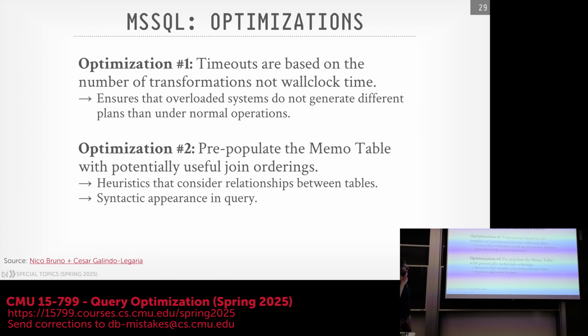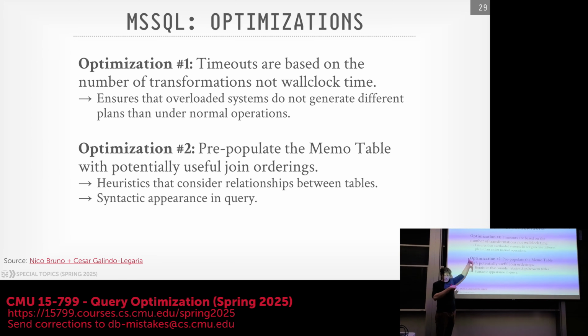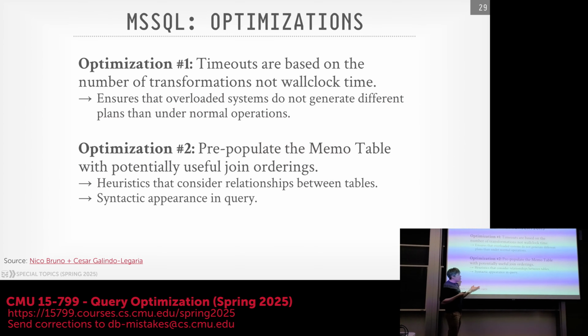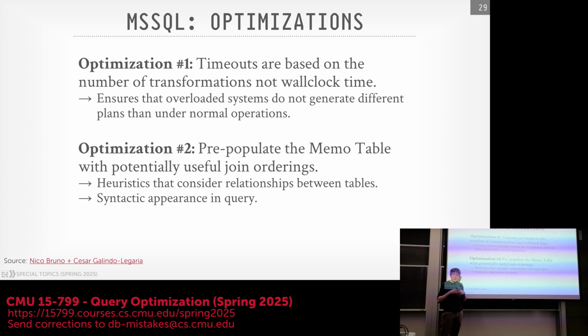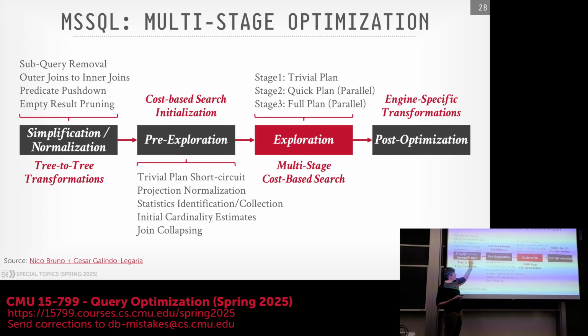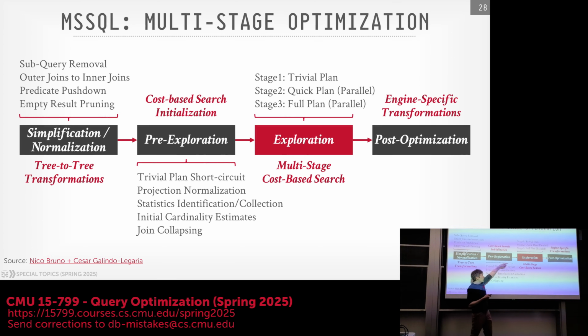All right. So we talked about this first optimization SQL Server does, where instead of setting the timeout period, because again, going back here, this thing could run for potentially hours, instead of setting it based on the wall clock, they set it based on the number of transformations that they've applied. So going back here, as they're going along, it's really most for this one, because these two phases, other than having to go run analyze, which is expensive, can be done pretty instantaneously.